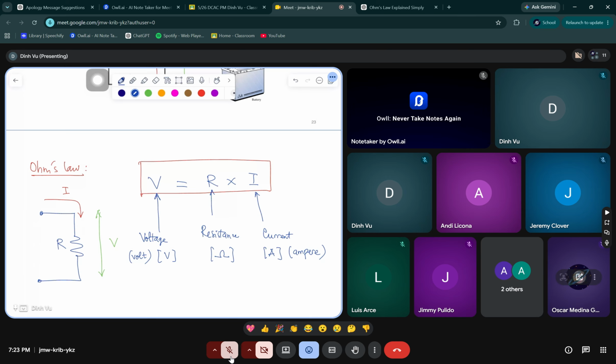So voltage in volts, resistance in ohms, current in ampere.